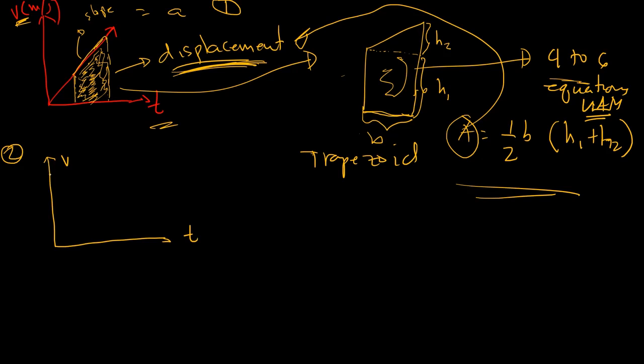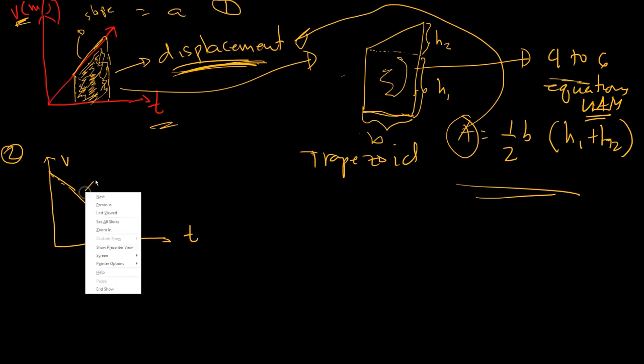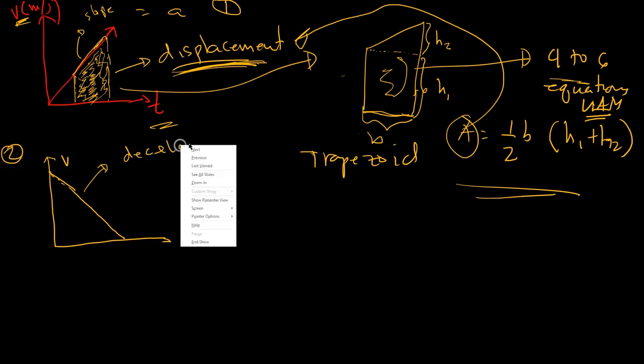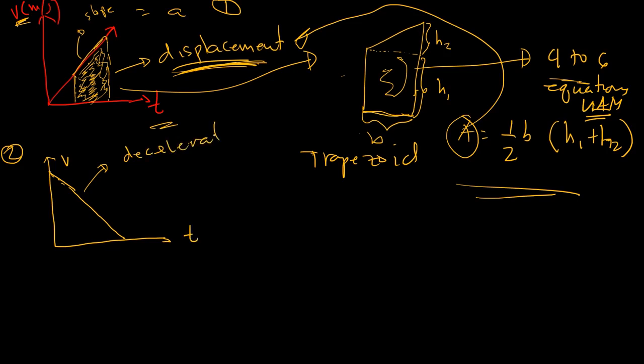So for example, we have here a graph that looks like this one, and obviously we know this kind of graph from our previous slides, that the acceleration here is negative. So we have a decelerating object.